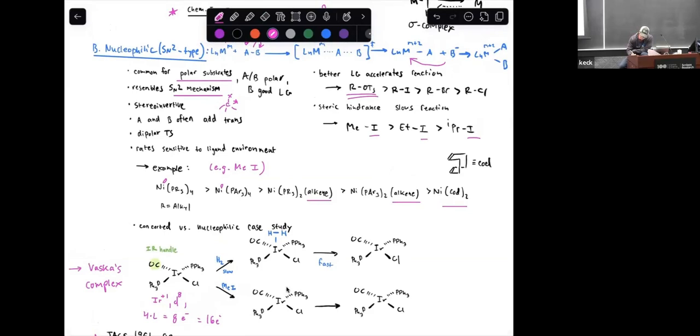I think the hydrogen will add across the iridium. Okay, and do you like adding those cis or trans? I think cis. Why cis? Because it's like a concerted mechanism.